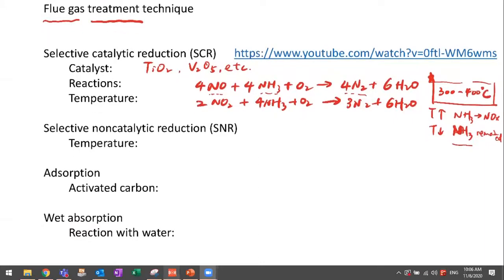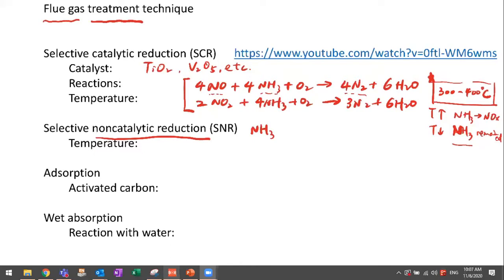And there's also a method called selective non-catalytic reduction. Basically, this method is not going to use the catalyst. It's just going to use the temperature, or the reaction between the gas phases. So we're also going to introduce ammonia into the reaction, and we're using the same chemical reactions to reduce the NOx formation.